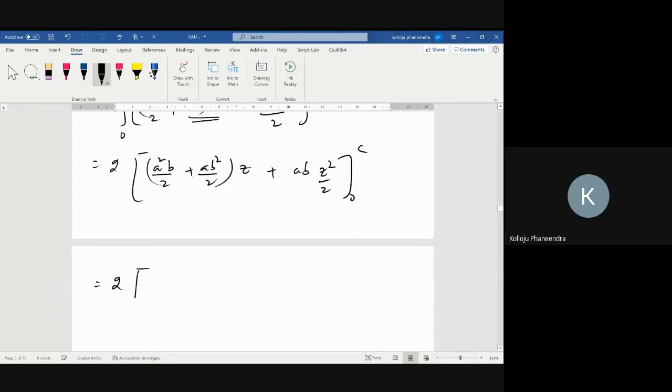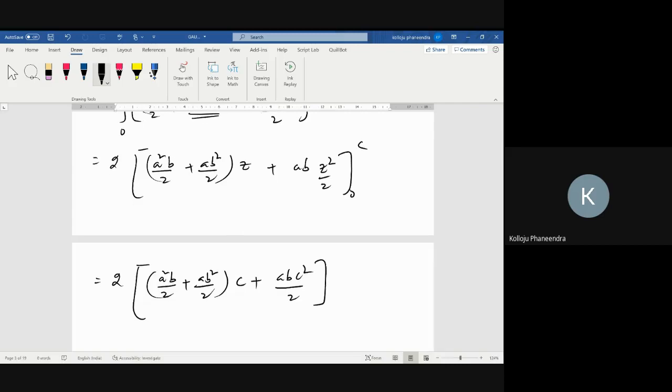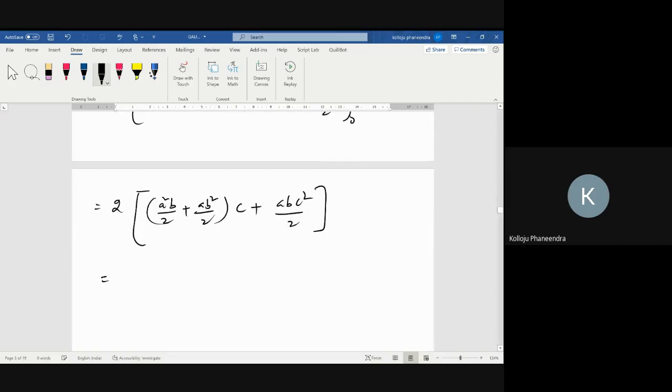This is 2 into a square b by 2 plus ab square by 2 into c plus abc square by 2. Okay, so 2 is the LCM and gets cancelled: a square bc, a b square c, abc square. So abc is common, obviously. What is this? A plus b plus c.